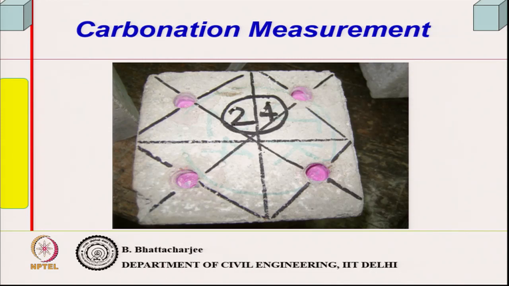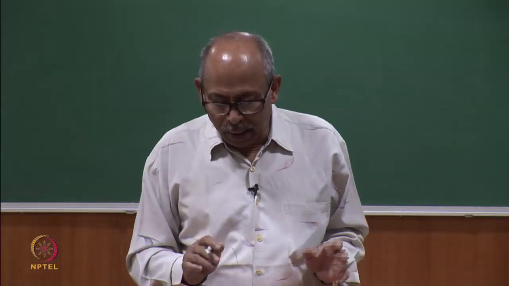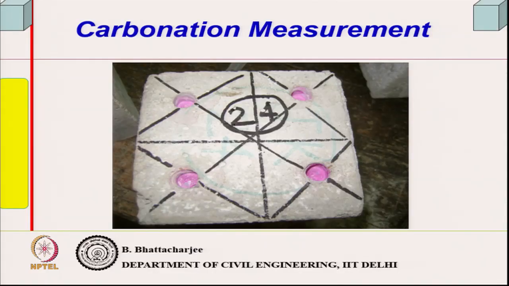If the color is pink, it means that its pH is still good enough, it is not carbonated. If it turns out to be colorless, for example, here you can see this small bit of drilling is colorless, which means that in this small portion carbonation has occurred.